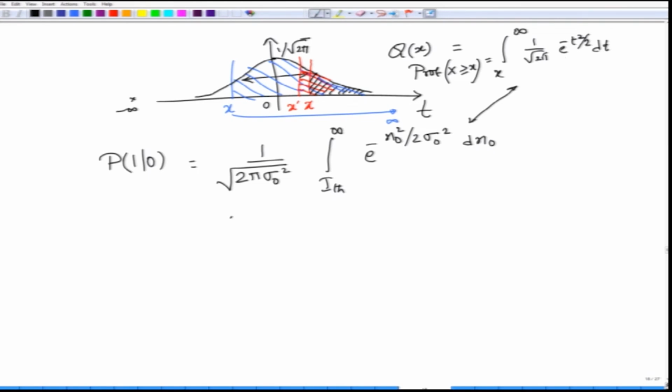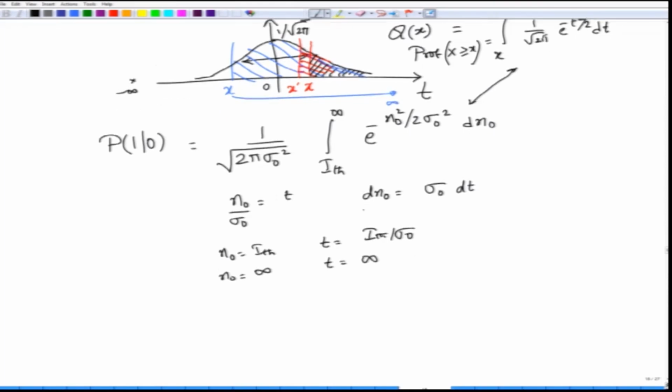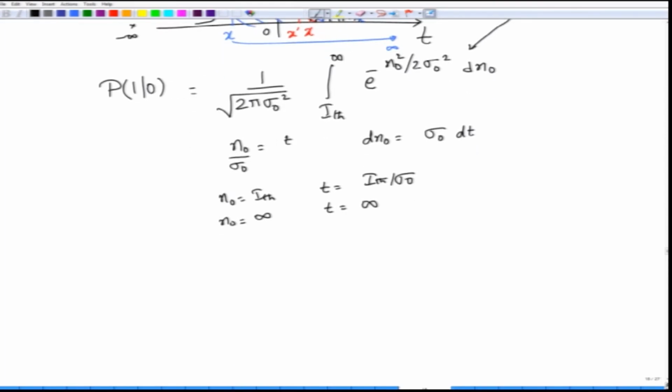So let me define n0 by sigma 0 as a new variable t. Then dn0 will be sigma 0 into dt, and when n0 is equal to I threshold, t will be equal to ITH by sigma 0, and when n0 is equal to infinity, t will be equal to infinity. Therefore the integral limits will change.